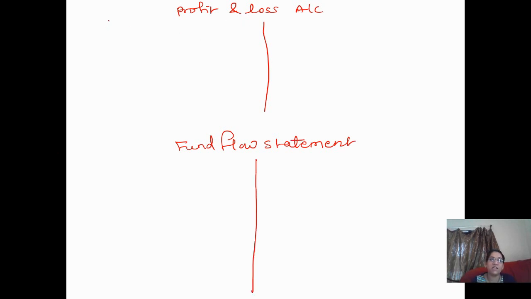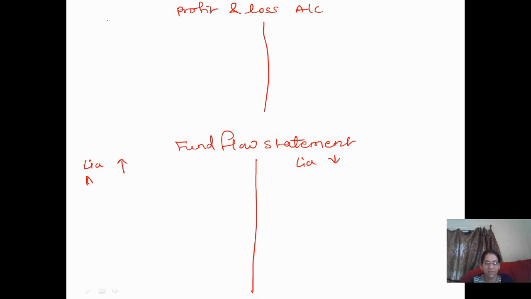In the profit and loss account, it is a debit: all expenses and losses, and credit: income and gains. And the fund flow statement is just like a cash account, but not actually the cash account. In the fund flow statement, we have to write two basic things. Liability increase, then sources, and liability decrease, then application.